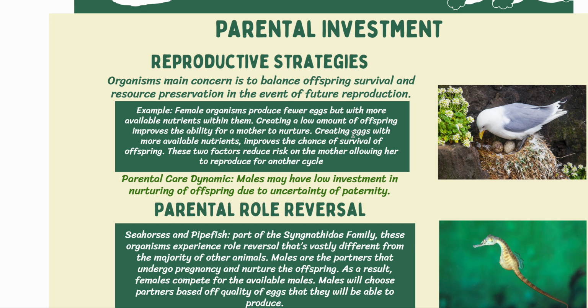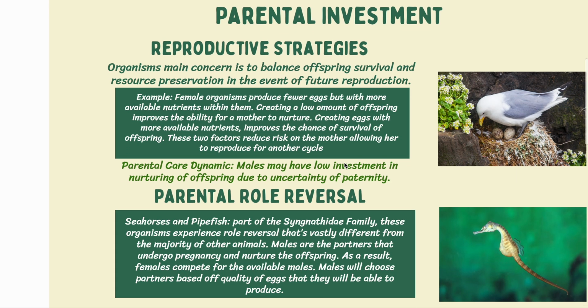Creating a low amount of offspring improves the ability for a mother to nurture, but creating eggs with more available nutrients improves the chances of survival of the offspring. This is because it allows for more strong and physically capable offspring that do not need an excessive amount of nurturing and attention from their mother. This allows her to divide her attention and focus on other offspring. These two factors reduce risk on the mother, allowing her to reproduce for another cycle.